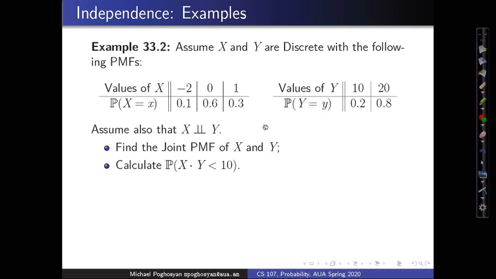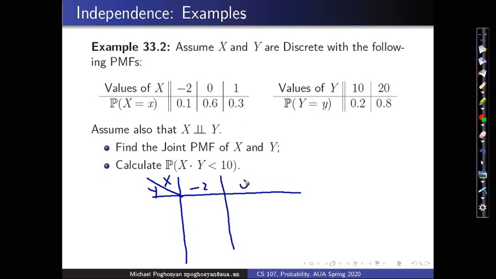Well, let me solve that. This is easy. First I'm making that table. X takes values -2, 0, 1, and Y takes values 10 and 20.